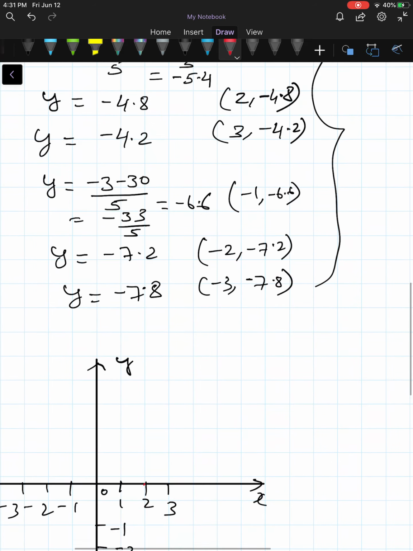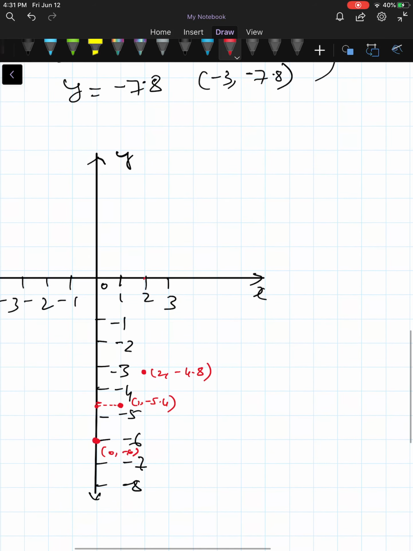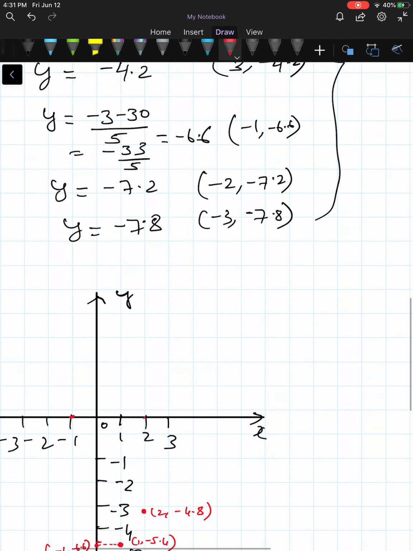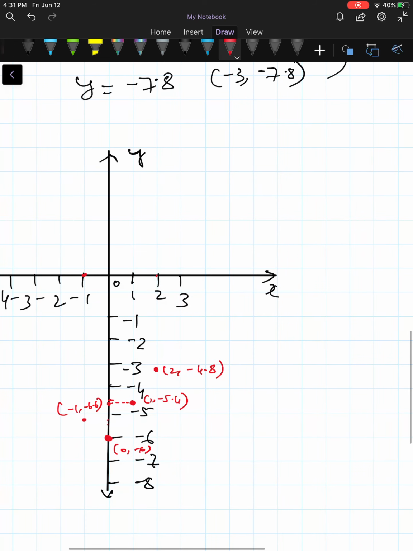So next I will draw the negative values. (-1, -6.6). -1 is here. -6.6 will be, if you have 6.5 here, you will have 6.6 somewhere here. So that would be (-1, -6.6). Then (-2, -7.2).